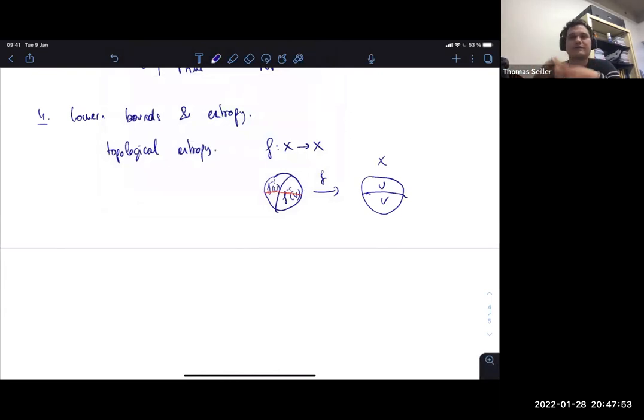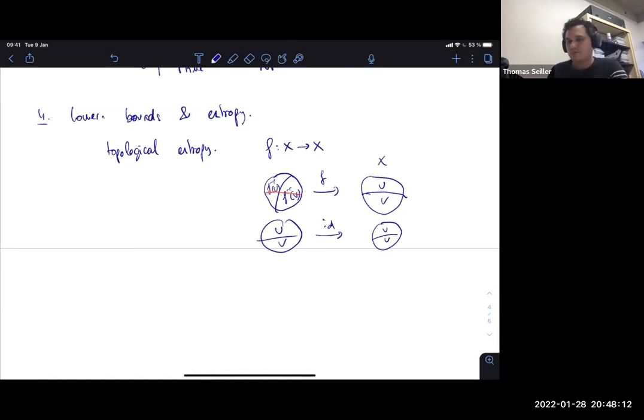And you continue, you will get 8 and 16, and okay. But in some cases, you get actually less than that. So if you take U, V and now you take the identity, what you get is U, V back. So you just keep going with just 2 subsets, right?